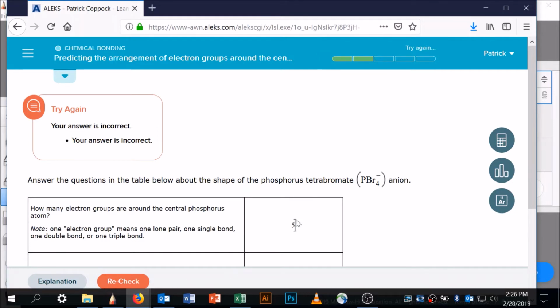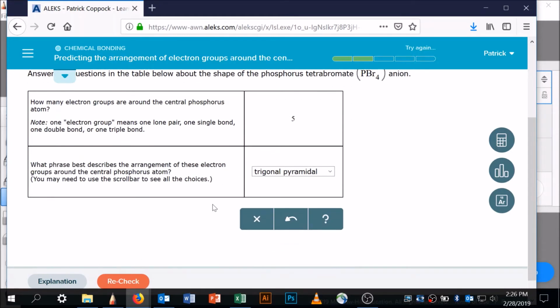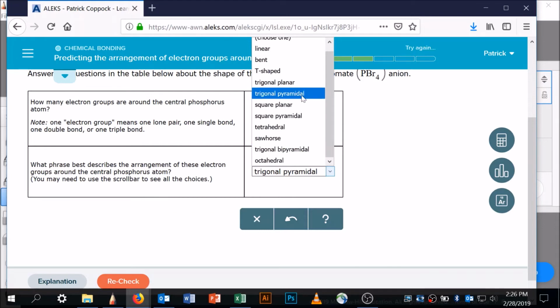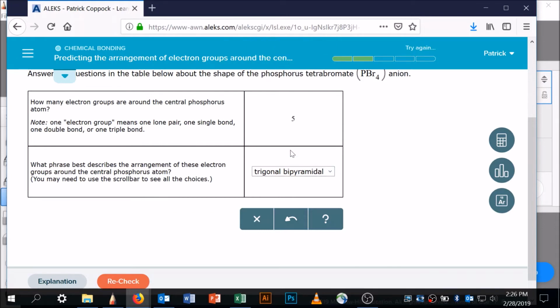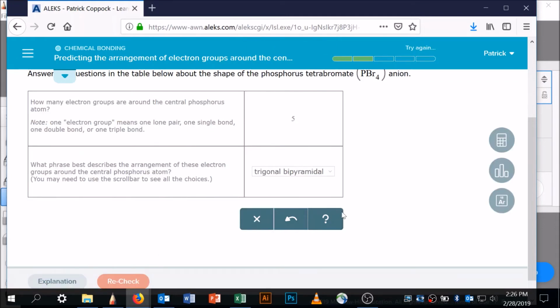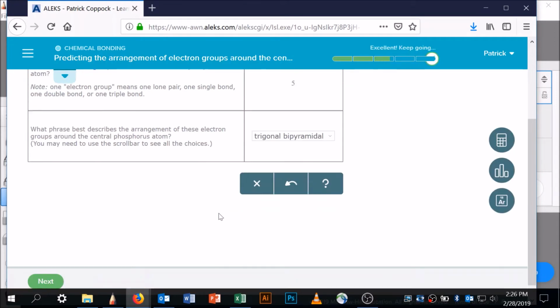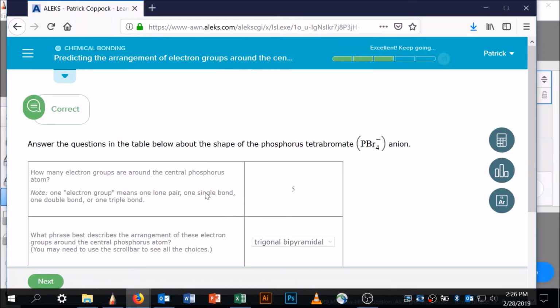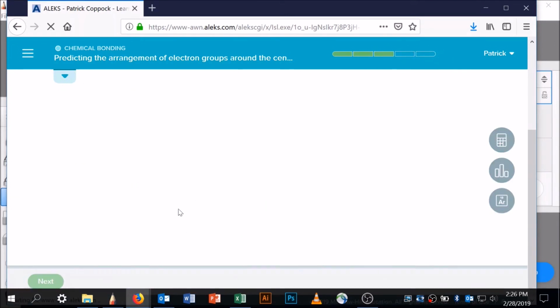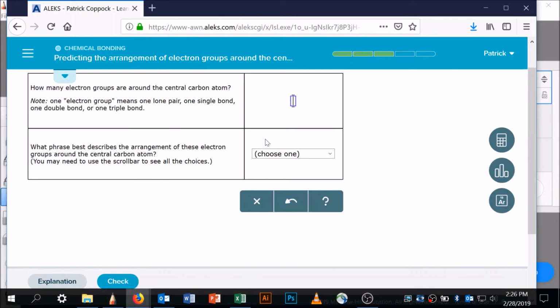Phosphorus tetrabromide anion. Just a minute here. I'm going to recheck. I said trigonal pyramidal. It's trigonal bipyramidal. I hope I said it right. Oops. Okay, I don't even know if I said it right, but it's trigonal bipyramidal.